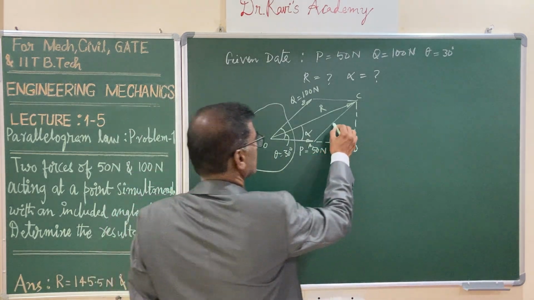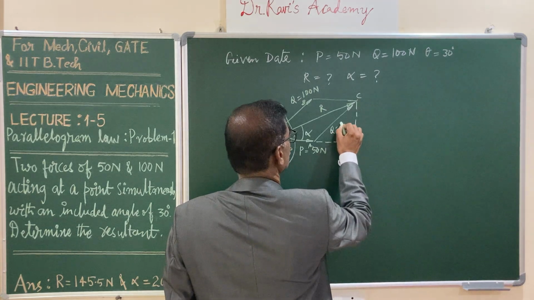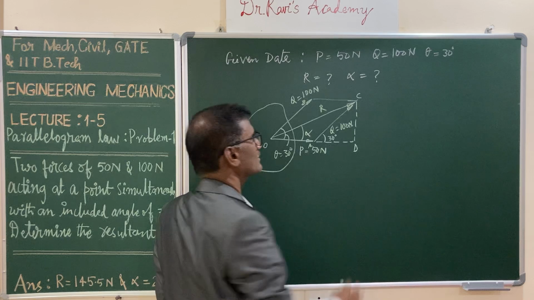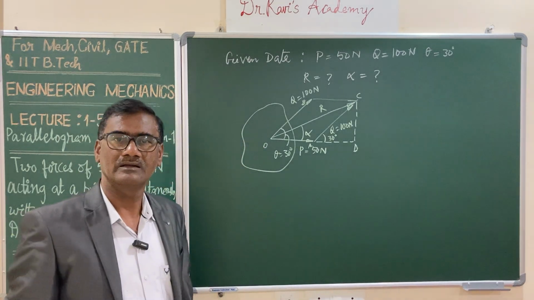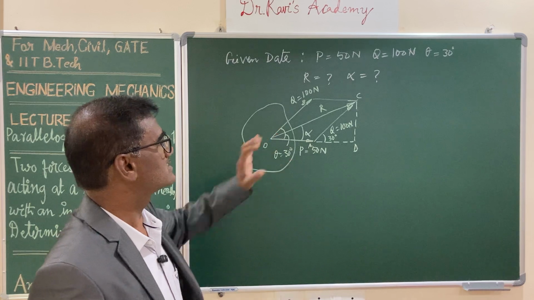This force is again Q, Q equal to 100 newtons at an angle of 30 degrees. So this is the given diagram. You have represented the given data schematically.